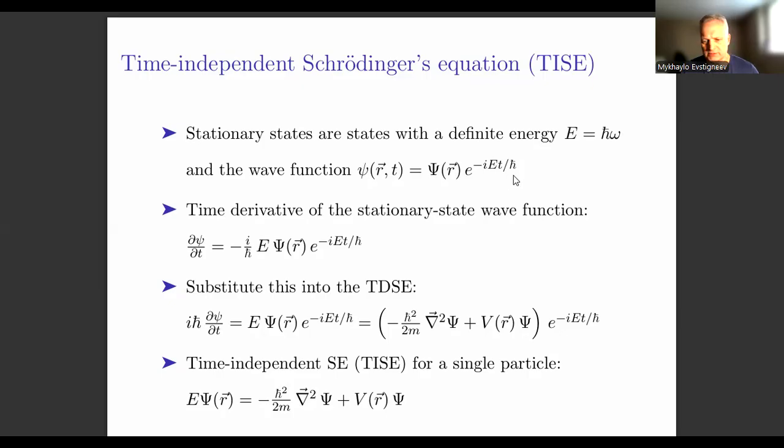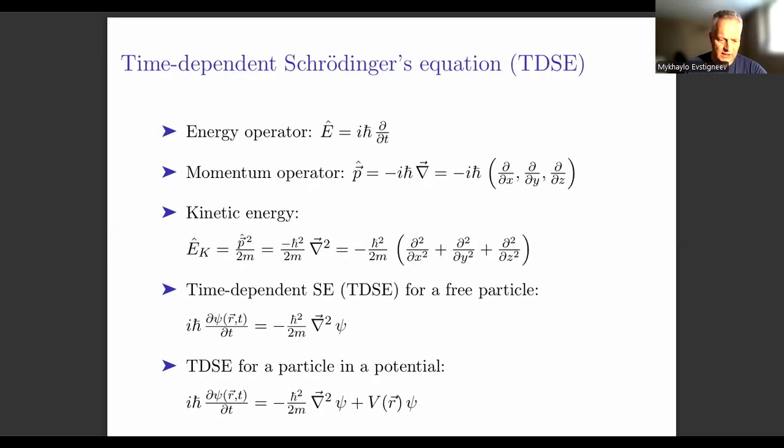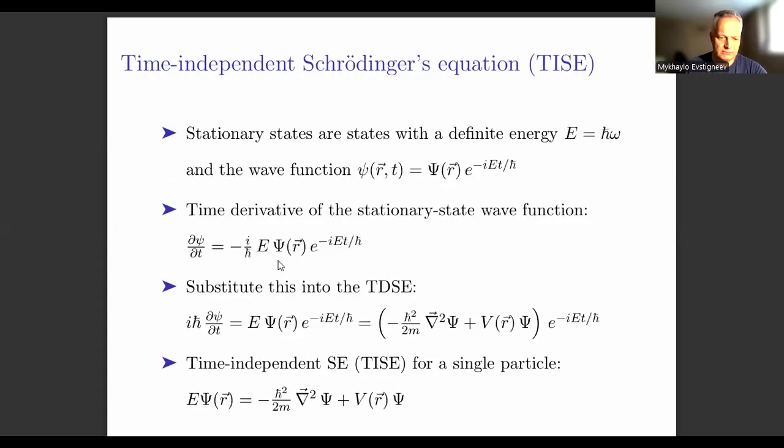And the derivative of the exponential is just the product of this exponential times whatever multiplies the time argument in the exponential. That is negative i energy E divided by h bar. Like this.